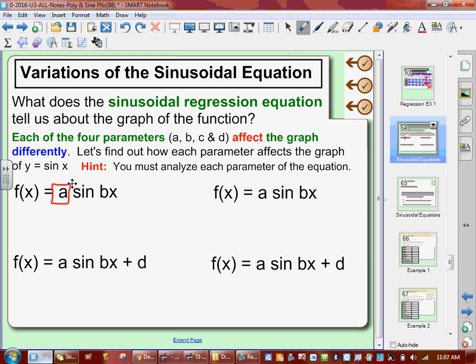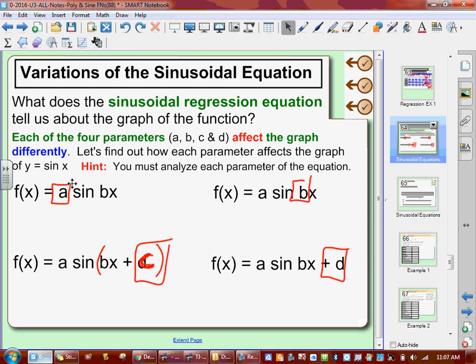Then over here we're going to change the b value. Over here it should be saying plus c. It's a typo. It should say plus c in brackets like that. And we are going to check the c value. And then in this one, we are going to check the d value and see what it does to the graph. Okay? So, back to our graphing.